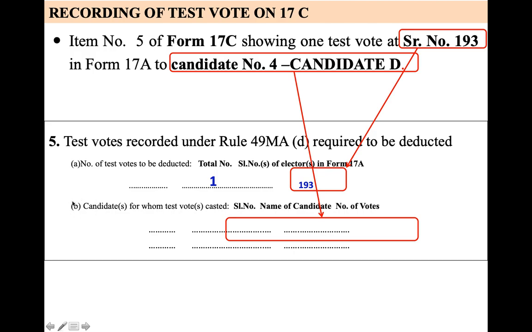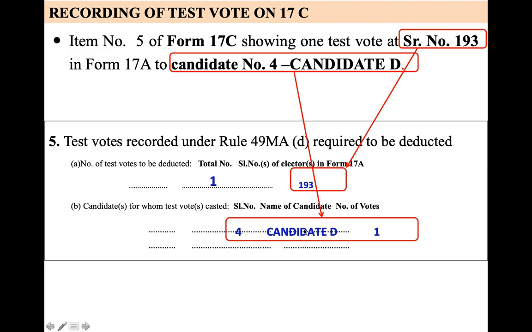And in point B, we write the detail of the candidate in whose favor the test vote was cast. Candidate number 4. Suppose there are 5 contesting candidates in the polling station, and Lakshmi has cast in favor of candidate D, whose serial number is 4. This serial number is the candidate's serial number in the ballot unit and ballot paper, and this is the name of the candidate.